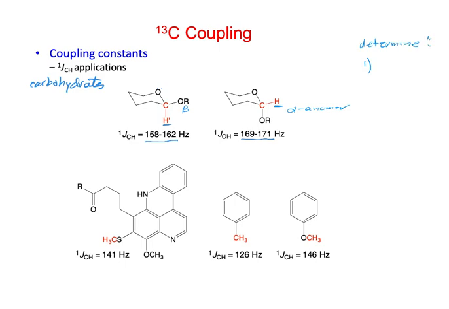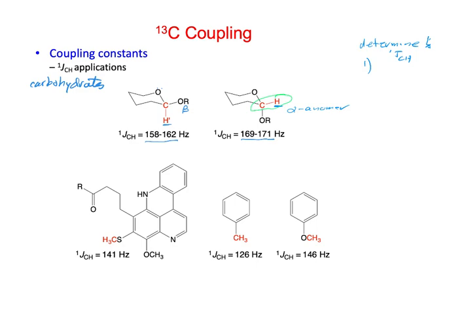Determine this one-bond CH coupling. So what are ways that you can think about? We're looking for the one-bond coupling constant for one of these bonds here. How, like, what experiments would we use to find it? Just do the inverse gated.